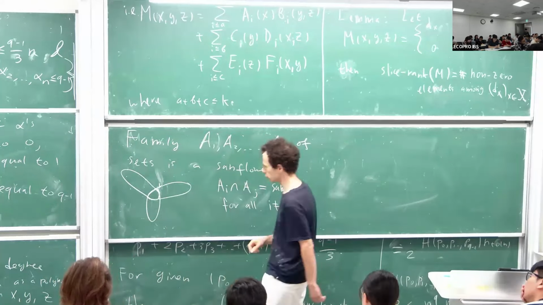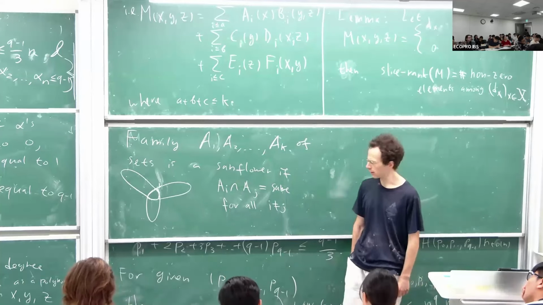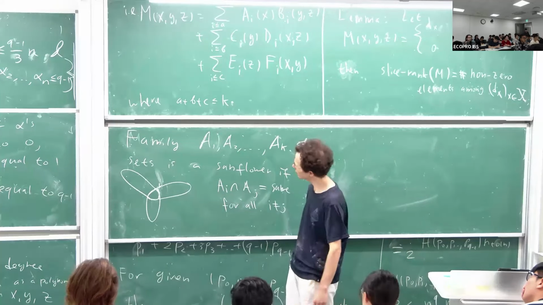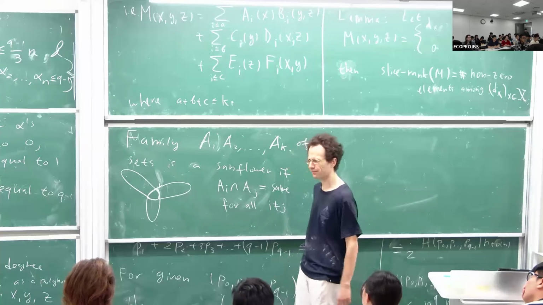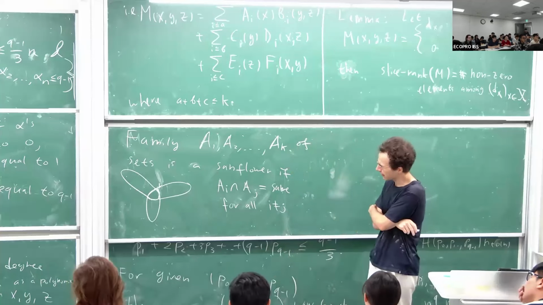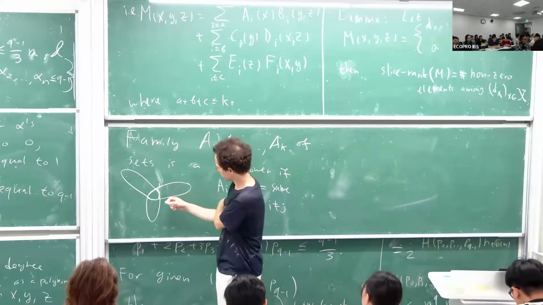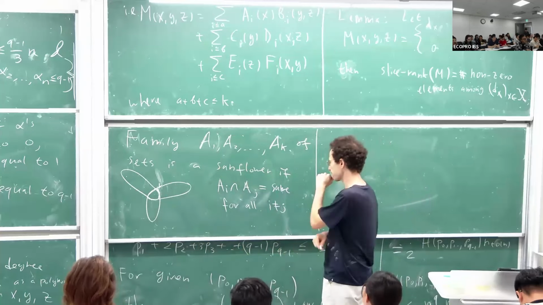So every 2 sets intersect in exactly the same set. When you draw it, it looks like some kind of flower. I'm not sure why it's called a sunflower, because sunflowers look different, but that's not a question for the inventors. This intersection is called the stem, and these are called petals.